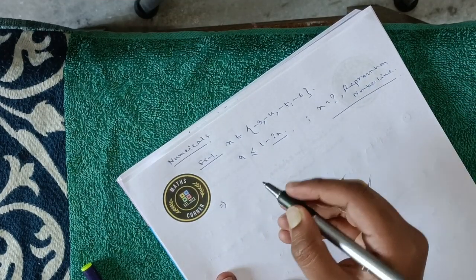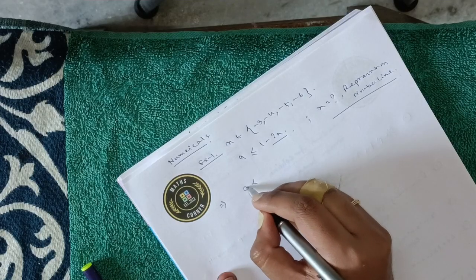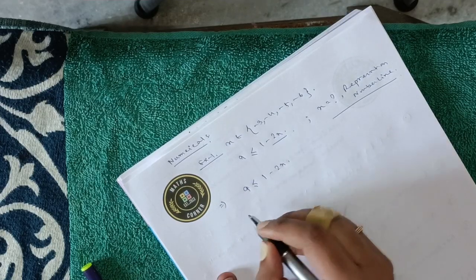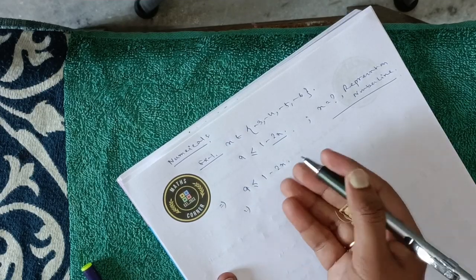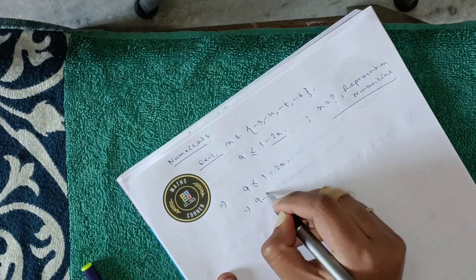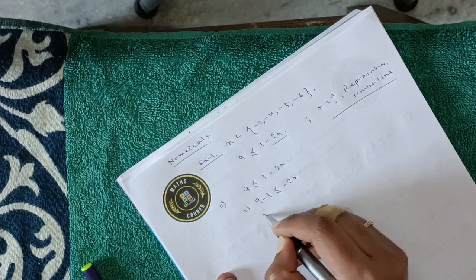First we have to solve this inequation. Carrying on, 9 minus 1 is 8, so 8 less than or equal to minus 2x.